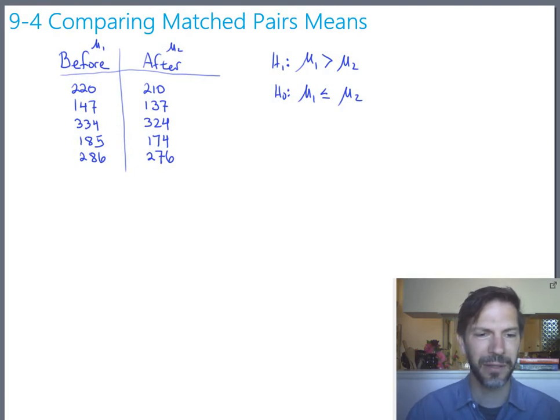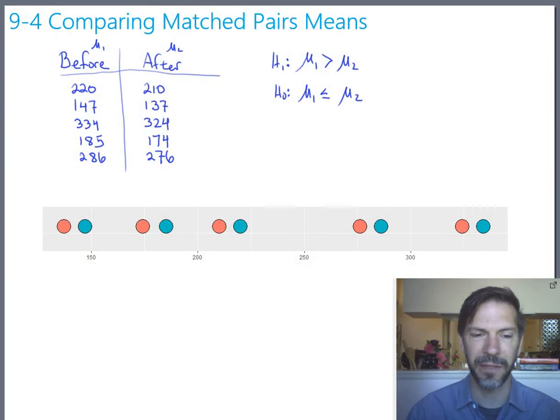Let's take a quick look at the graphical plot of these points. The before weights are the teal colored ones, and the after weights are the salmon colored ones. And the test that we just did said, hey, those two sets of data are pretty interspersed.